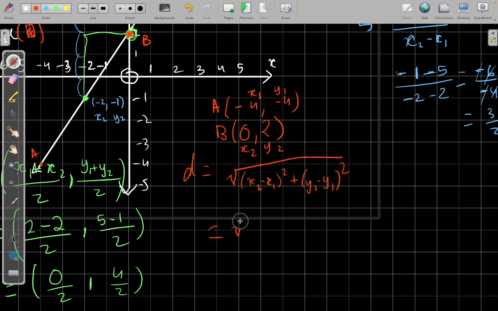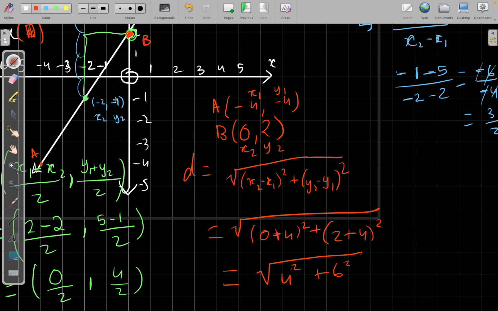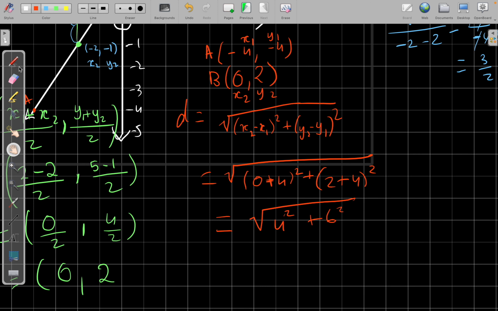The square root of x2 minus x1 squared plus y2 minus y1 squared, which is square root of 0 minus 0 plus 4, because minus minus gives plus, squared plus 2 plus 4, again minus minus gives plus, squared, which gives us, again we can simplify another layer, it's 4 squared plus 6 squared, which is 16 plus 36.